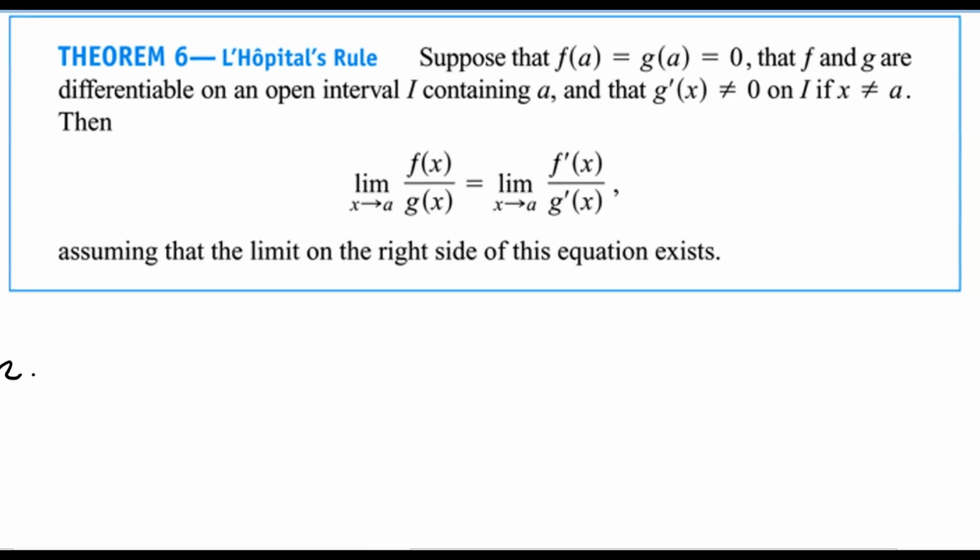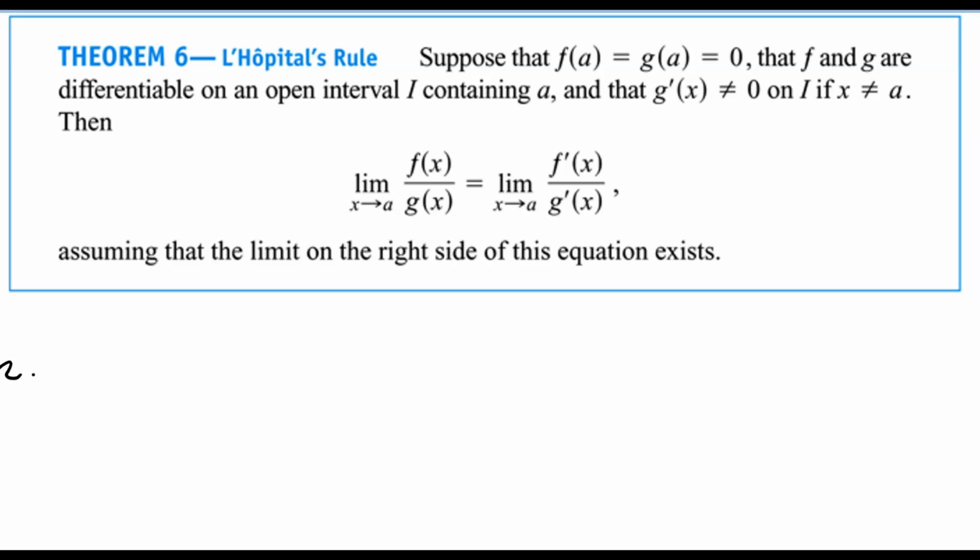All right, so it says suppose that f of a equals g of a equals 0 and that f and g are differentiable on an open interval. That means that you can take the derivative of f and the derivative of g, and such that g prime is not equal to 0. So when you take the derivative, you should not get 0 in the denominator.